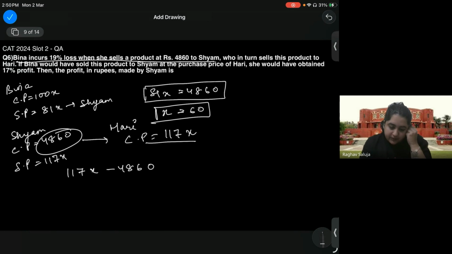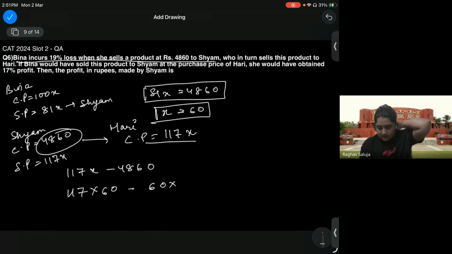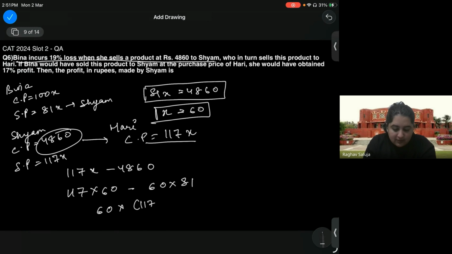And 117x we can find out to be 117 into 60 minus 60 into 81, because we can write 4860 as 60 into 81. So 60 into 117 minus 81 will come out to be 36. This is nothing but 36 into 60.